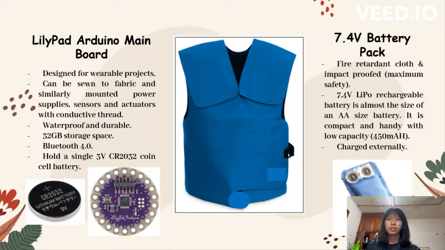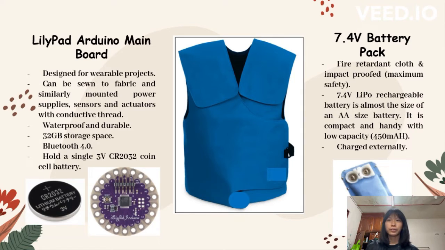We can see the picture on the bottom left is the LilyPad Arduino mainboard. It is designed for wearable objects and is suitable to be embedded in our smart Internet of Things vest system. Few characteristics such as waterproof and durable, 32 GB storage space, Bluetooth connection, and able to hold a single 3V CR2032 coin cell battery.